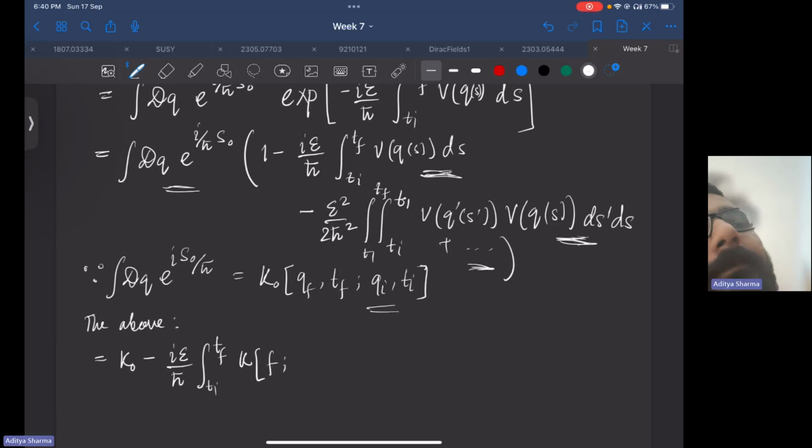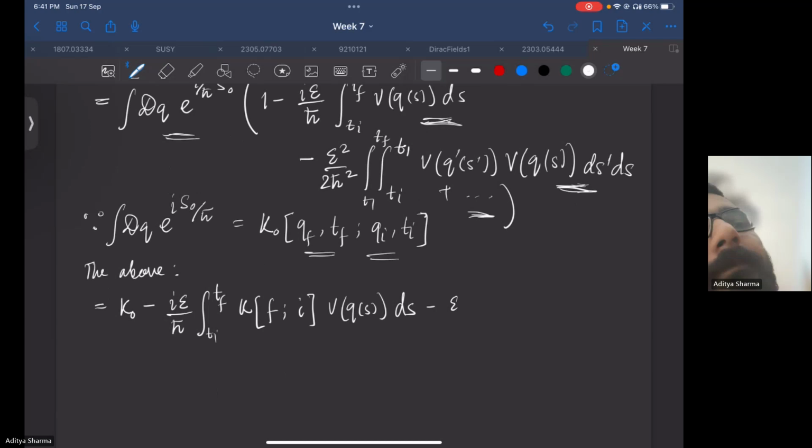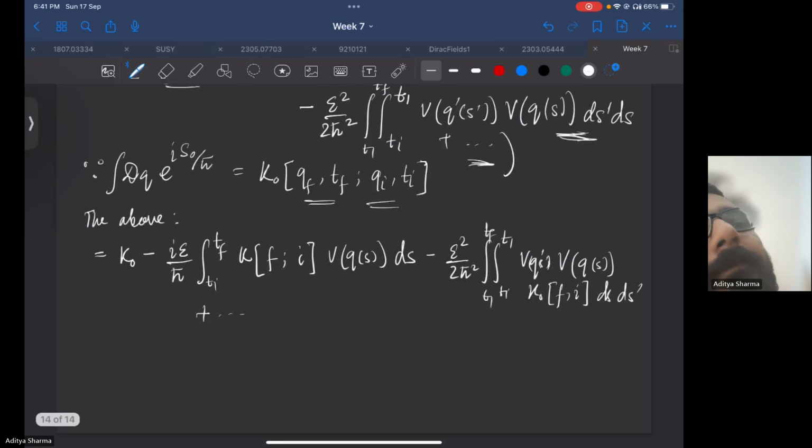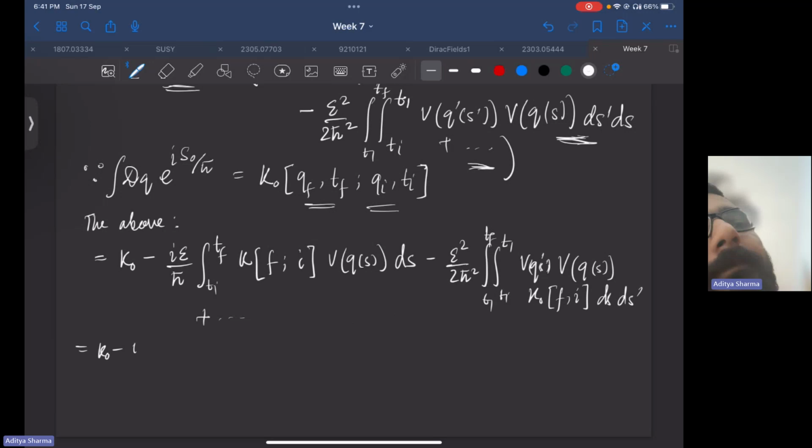So I'm writing F and I to denote these two tuples. So this is equal to K naught minus i epsilon by h bar.